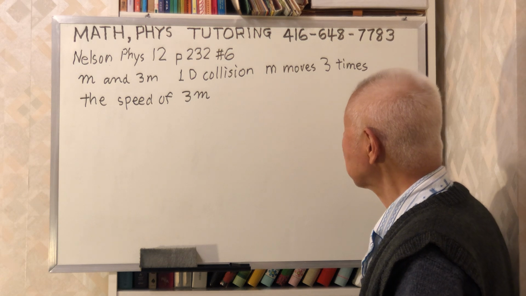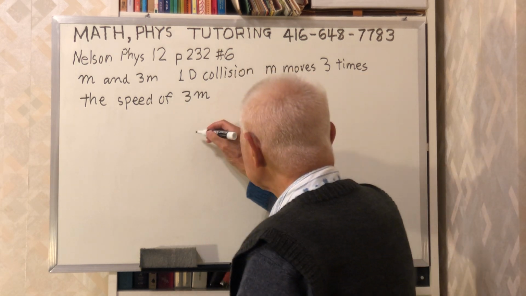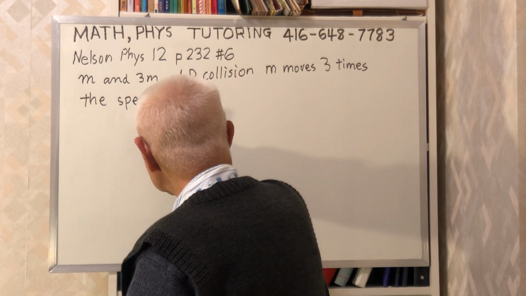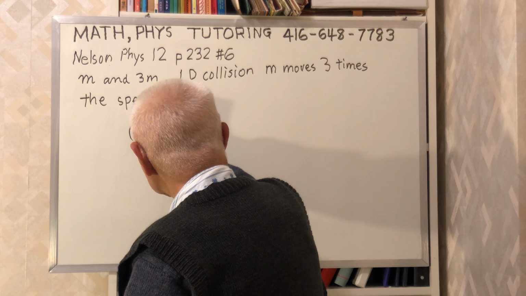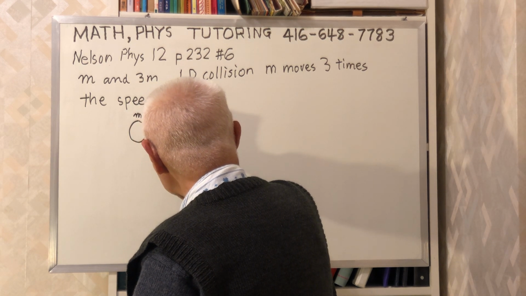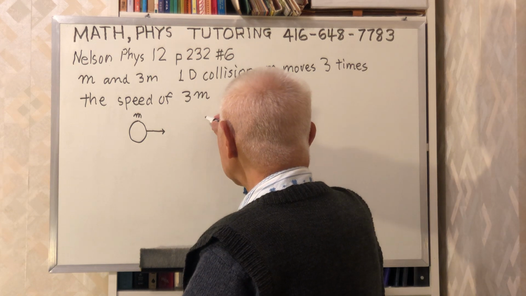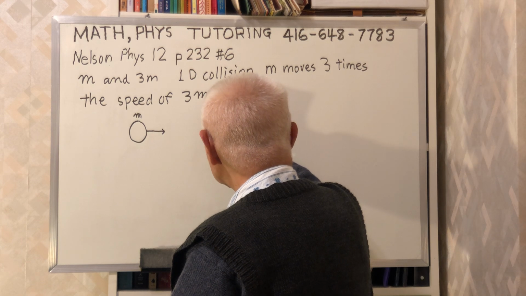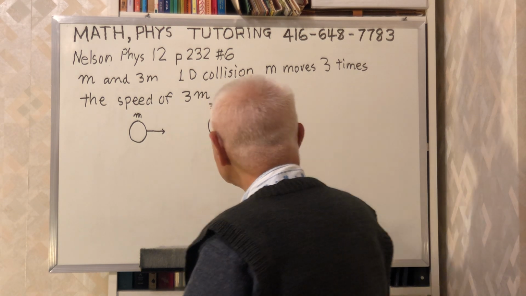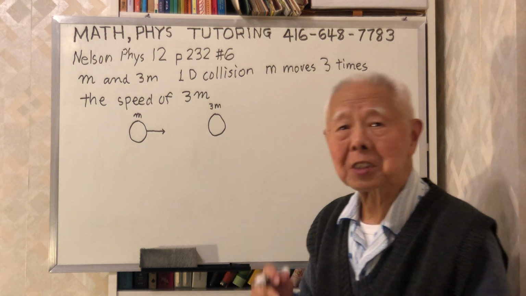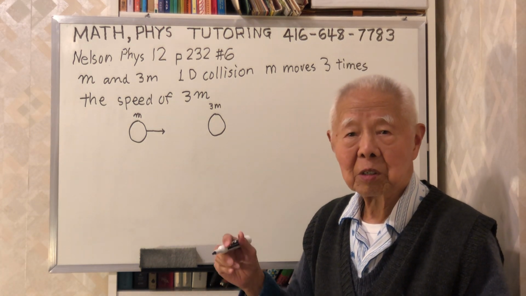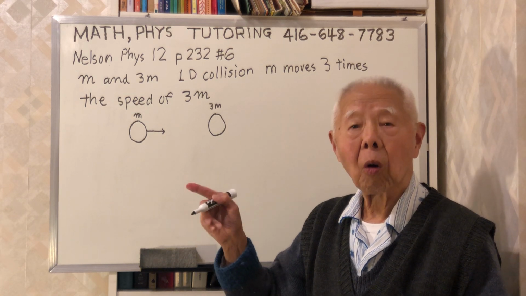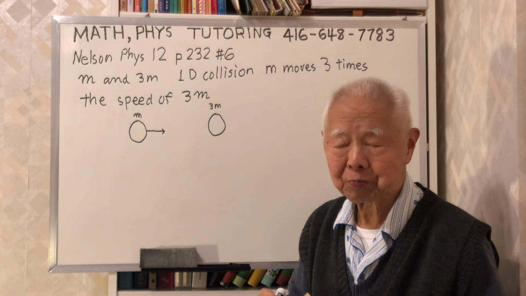All right. And the question says, or let me draw here, m is moving to the right. And 3m, but the question doesn't say whether the 3m object moves to the left or to the right. The question doesn't say that.